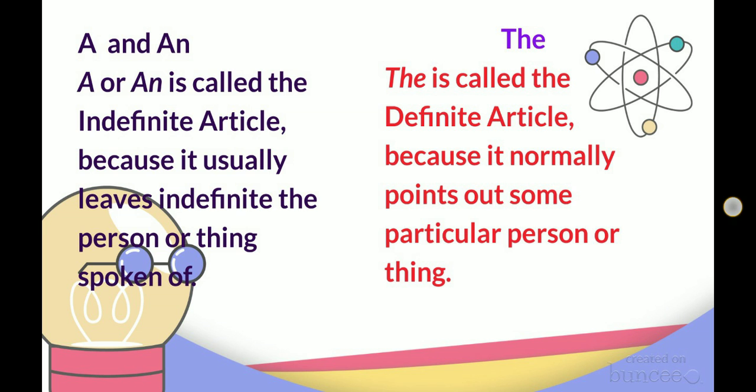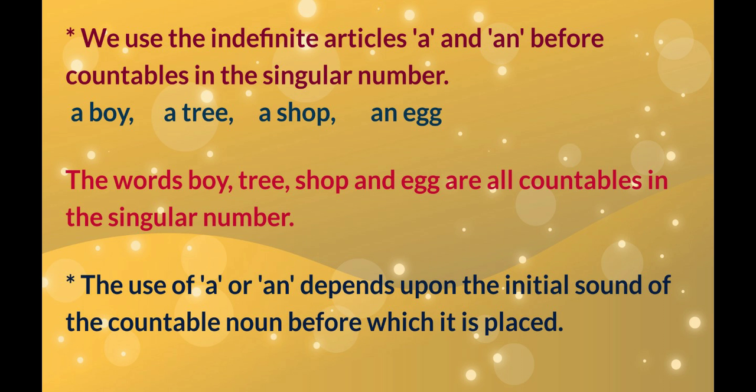Okay. Now students, we will learn when do we use indefinite articles and when do we use definite articles. We use the indefinite articles a and an before countables in the singular number. That means a and an denotes 1 in number, right?